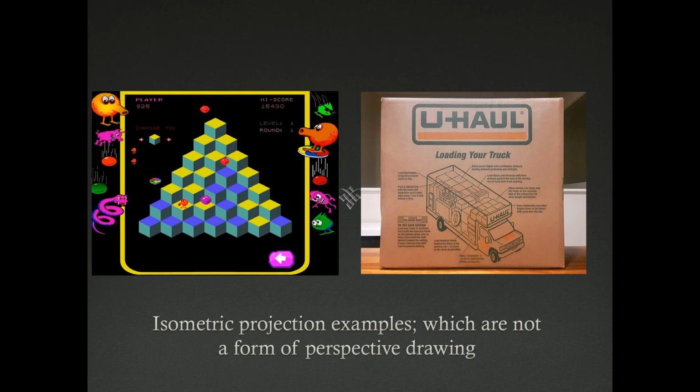In the first image, which is a screenshot of Q*bert, an arcade game from the 1970s, we have this stack of cubes in the Q*bert playing field, and the viewer understands generally that you have these cubes in the front at the bottom that are closer to you than the ones on the top, but the visual scale of each of these objects at the bottom in the foreground are the exact same as the ones on the top.